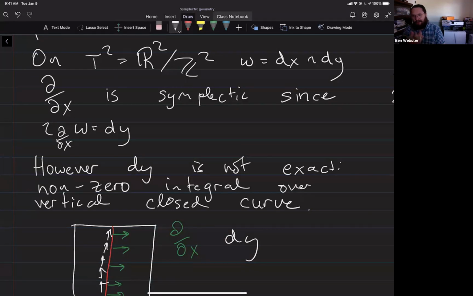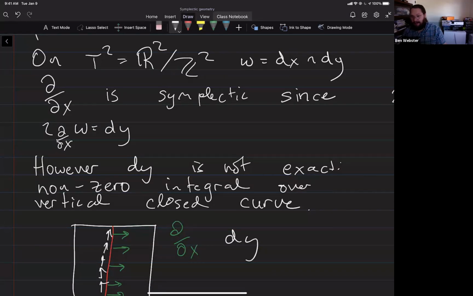So on T2, there are well-defined one forms dx, dy, and a well-defined symplectic form, which is dx wedge dy. Now, when I take d/dx, it's a perfectly good vector field that just points to the right, and I contract that with the symplectic form, I get dy.